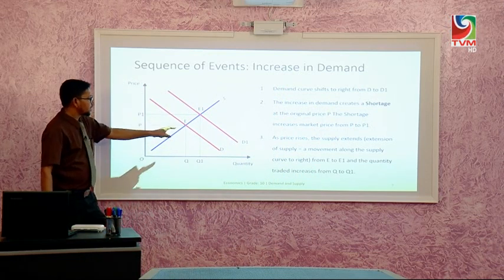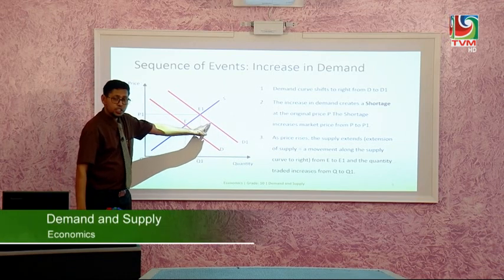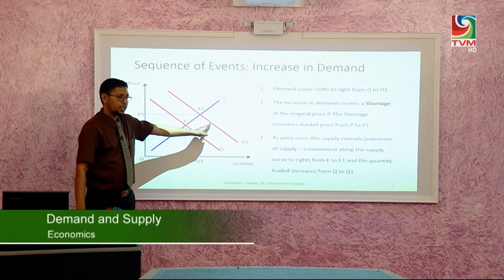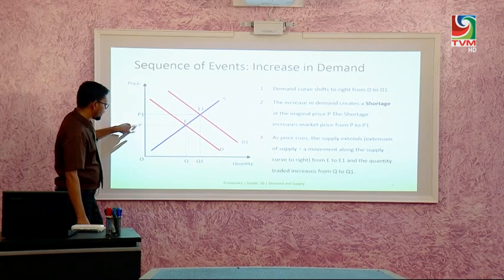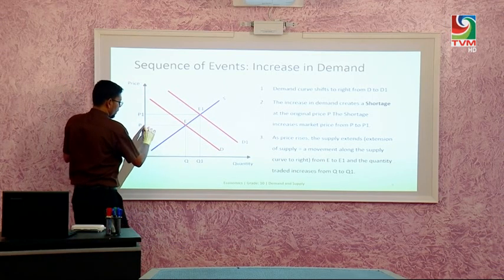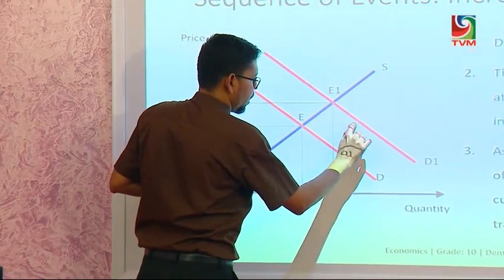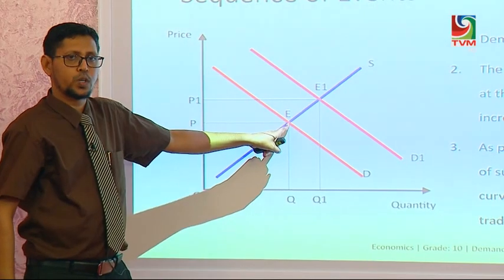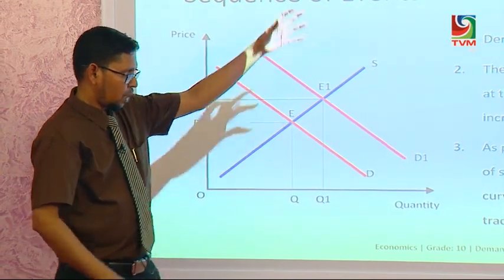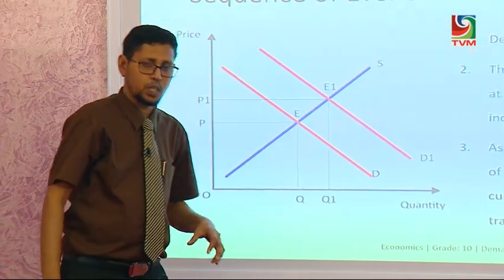Then, because the demand curve shifted to the right, at the original price P, at this price, you can see that there is a shortage. The new demand is greater than the supply, which is a shortage. We have actually come across how the shortage occurs.